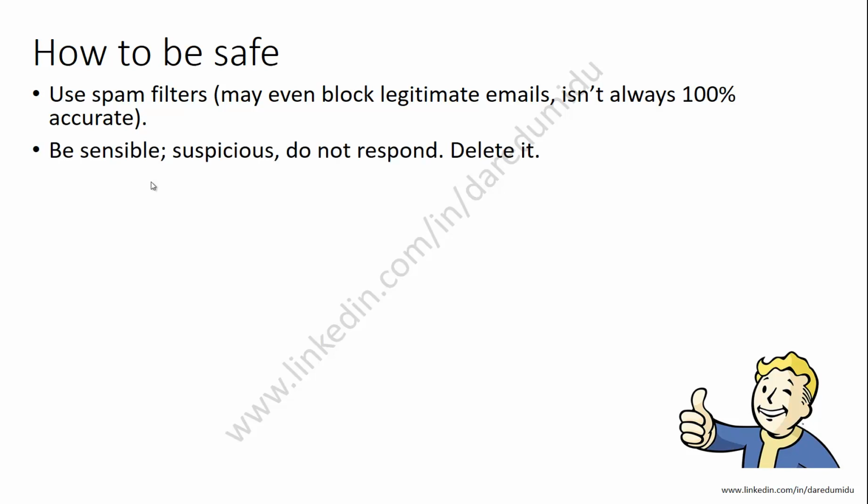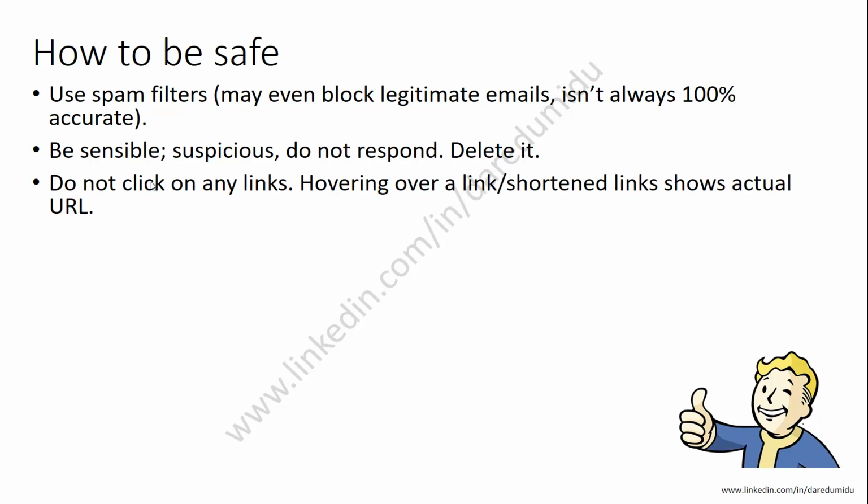Since spam filters are not 100% accurate, there are other methods that we can use to manually check the authenticity of these emails. So first thing, we need to be sensible about the data that we receive. If the emails look suspicious, we should not respond to the email. Better is to delete the email and move on.